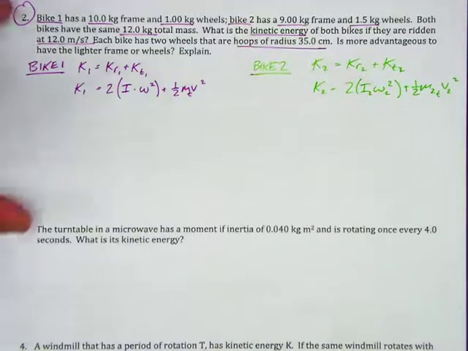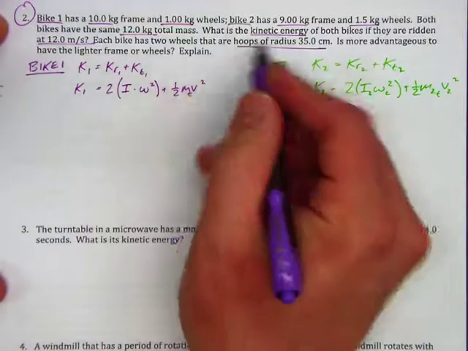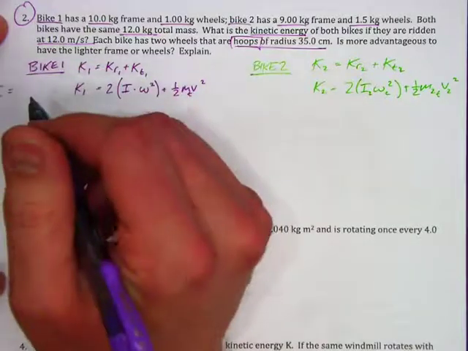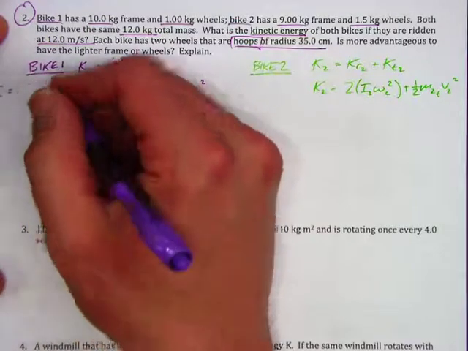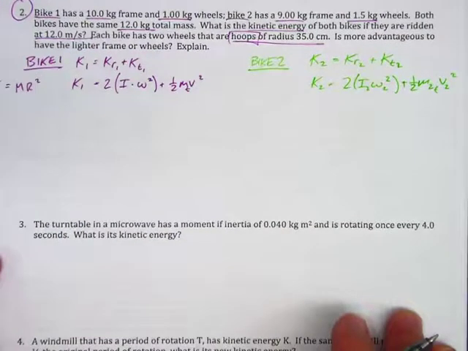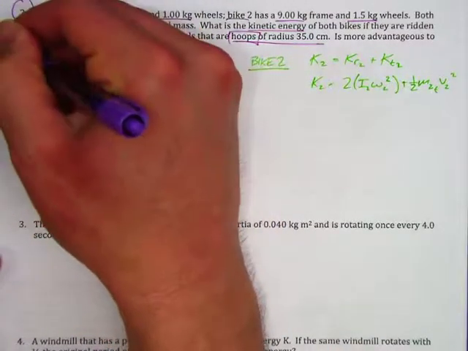First of all, we have to figure out the I for each wheel. If it's a hoop with a certain radius, the moment of inertia for a hoop is just mr squared. In this case, this is the tire itself, so we're treating the tire as a hoop of radius r.